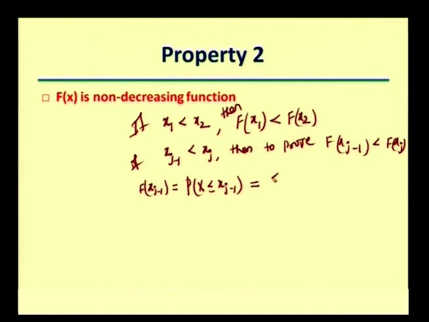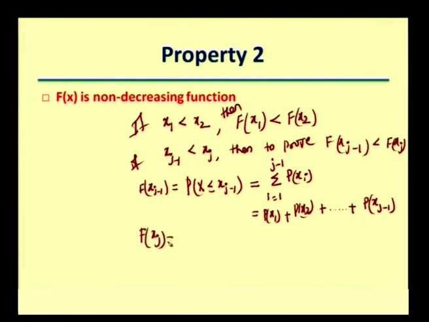It represents the summation for i = 1 to j-1 of P(x_i), which is equal to P(x1) + P(x2) + etc. up to P(x_{j-1}). Similarly, I take F(x_j). F(x_j) is P(X ≤ x_j), which is the summation for i = 1 to j of P(x_i).